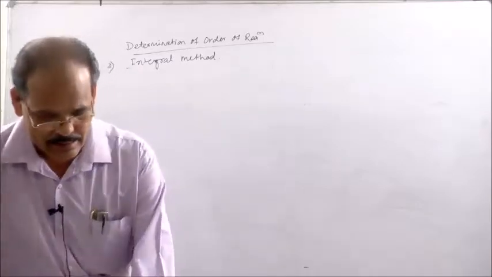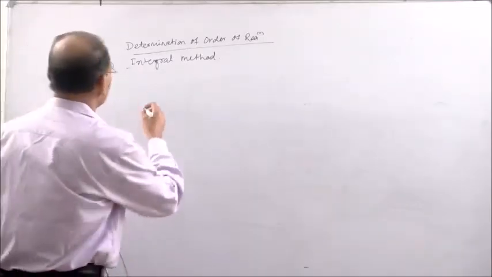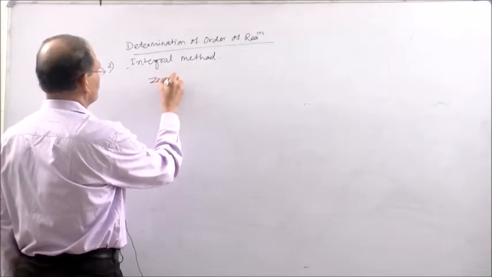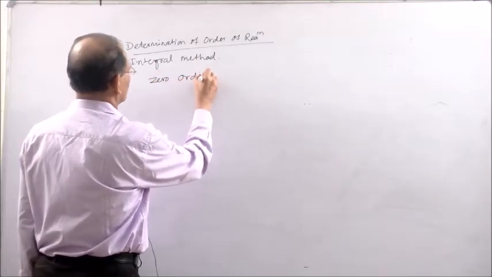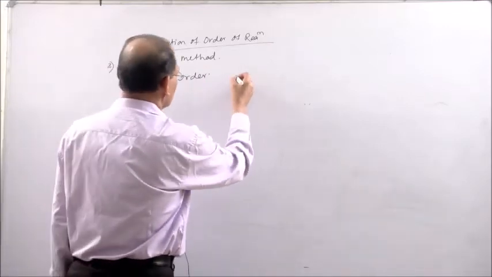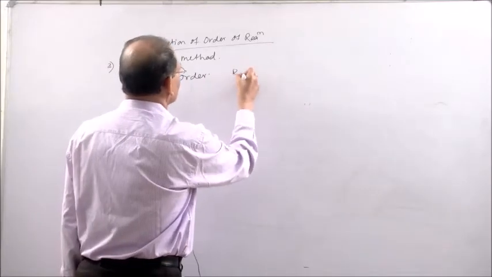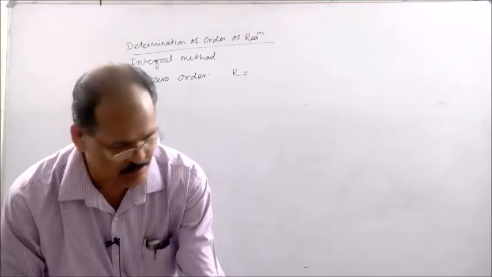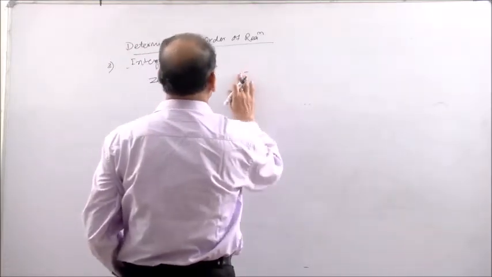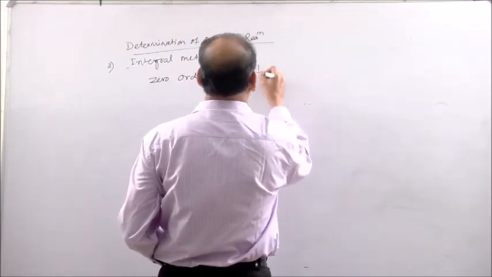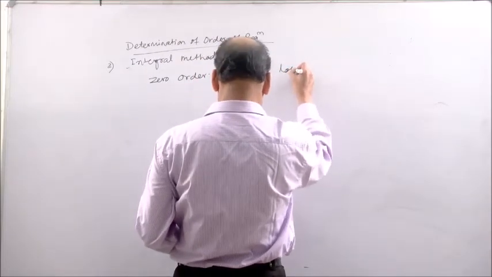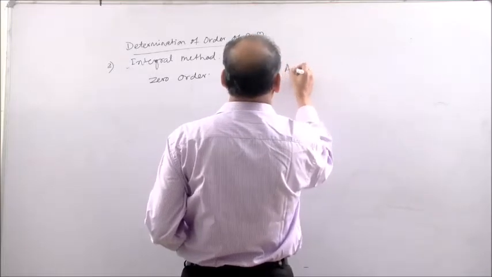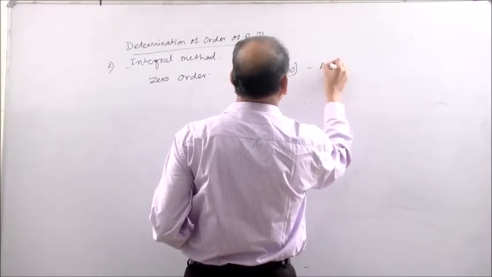In that case, we have already found the integral rate equation for zero order: k0 equals 1 by t times (a0 minus a).